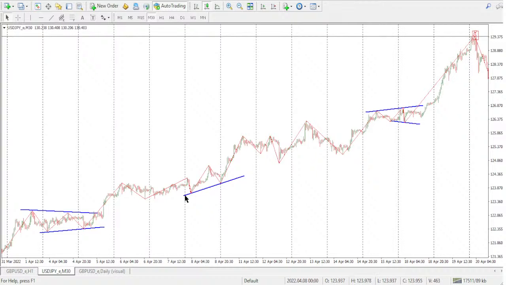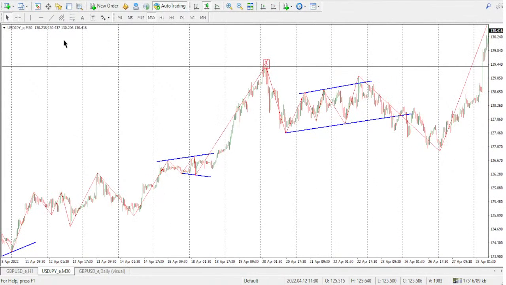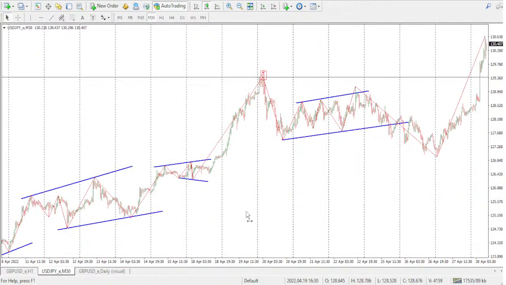So this trend line looks good, not the one at the top. Then we have another one here. So these are shapes which were not respected in the past, but normally if the price uses such a shape, it turns out very good.